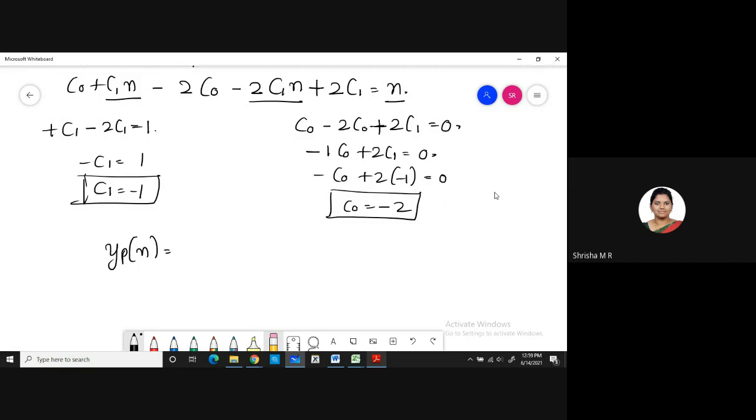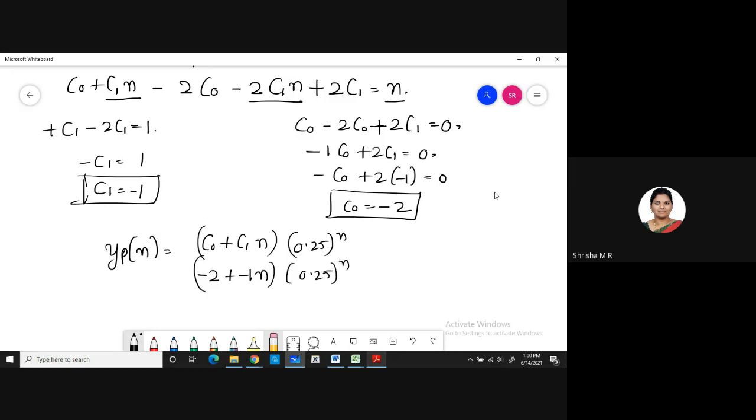It is of the form C0 plus C1n into 0.25 to the power of n. C0 we have found out and C1 also we have found out. So it is minus 2 plus minus 1 into n into 0.25 to the power of n.